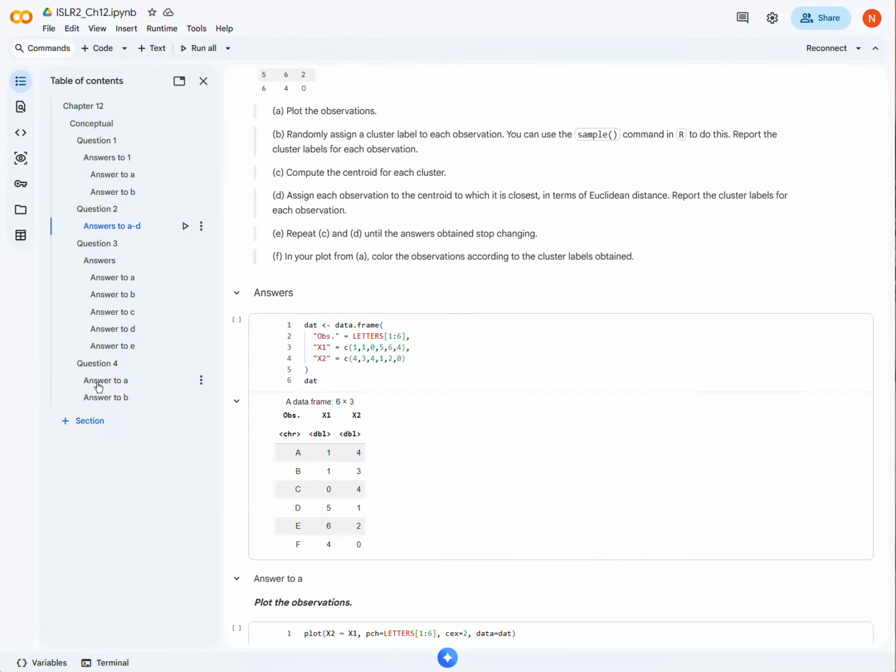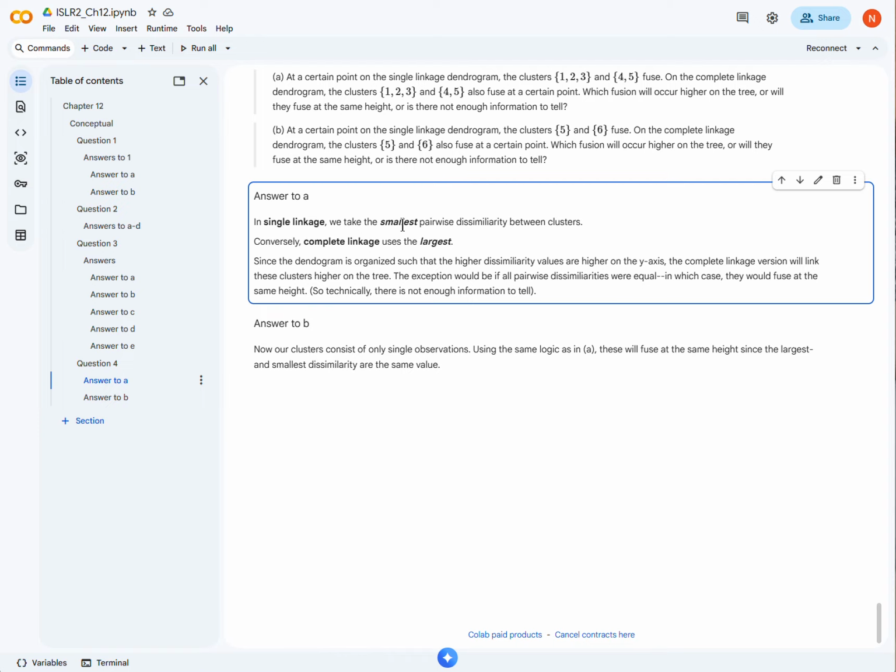Applying that here, this would imply that single linkage would fuse these two clusters lower on the y-axis compared to complete linkage. So the answer is that probably single linkage will fuse the clusters lower, and complete linkage will fuse them higher in the dendrogram.